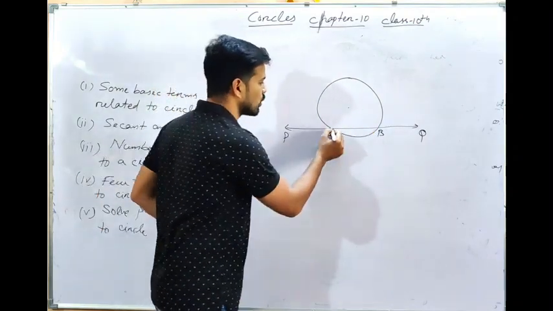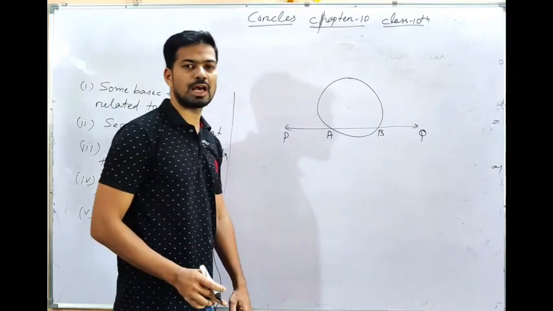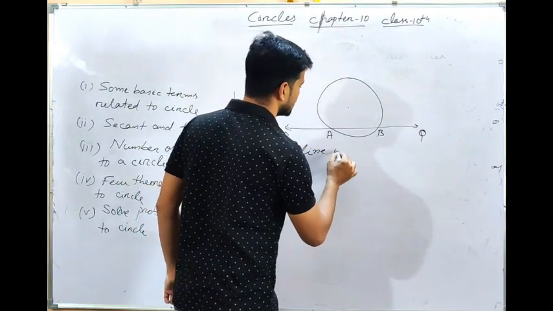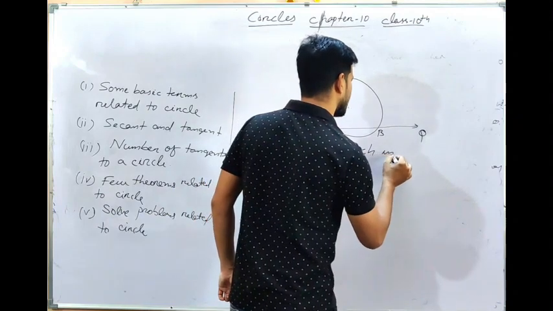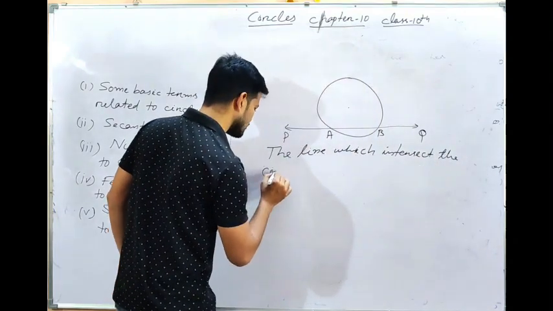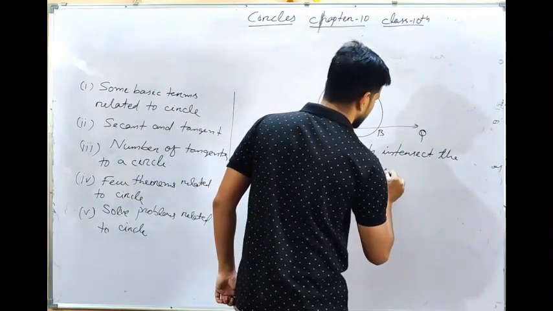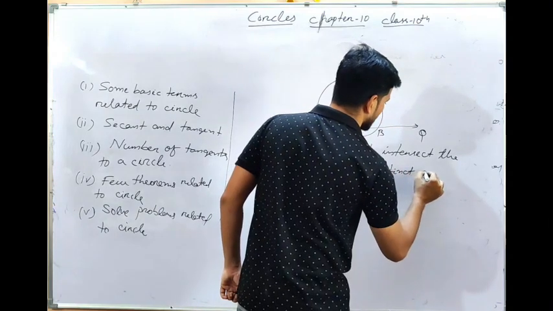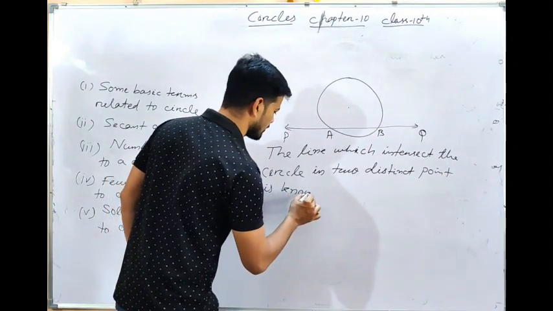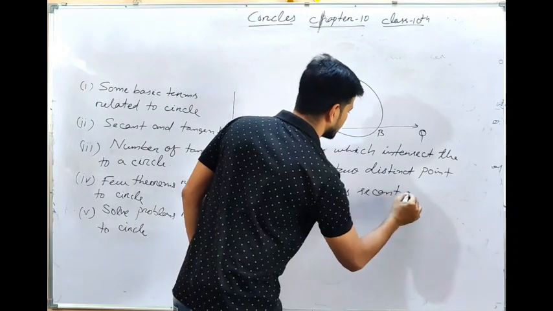Distinct, meaning this line has intersected the circle at two different points. So in this case PQ is known as our secant. So the line, what is the secant? The line which intersects the circle in two distinct points is known as secant. Understood?